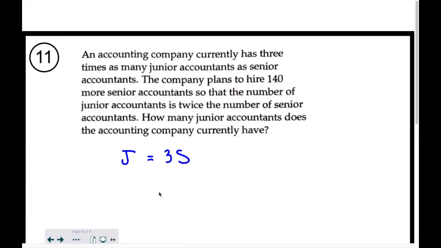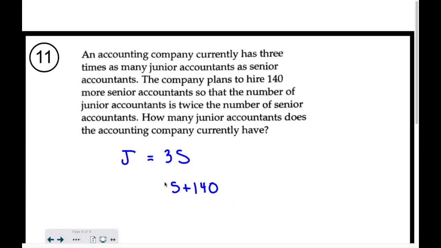So that's why I chose this problem, because I see that mistake a lot. Okay. So now the company plans to hire 140 more senior accountants. So that means the number of seniors is going to increase by 140. And so that the number of junior accountants is now twice the number of seniors.